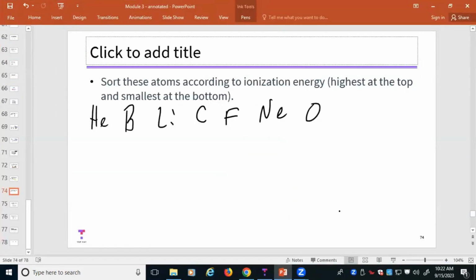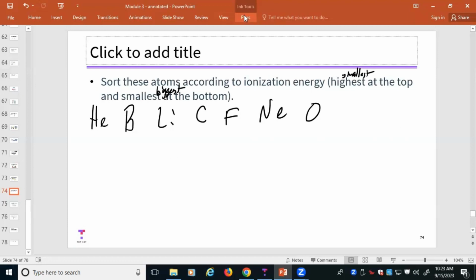Now, highest on top, smallest on the bottom. So the highest one is going to be the smallest one, and the smallest ionization energy is going to be the biggest atom. So looking at these, I can see helium is in the first energy level. None of these other ones are.